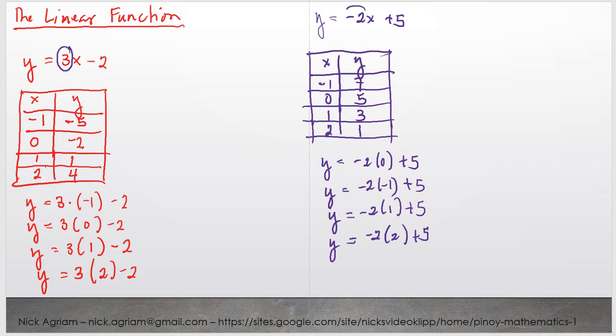If this one is negative, as you can see here with my second example, it will decrease. As I've said, linear function is always in this form: y is equal to mx plus b.